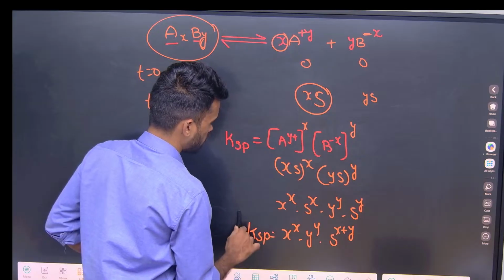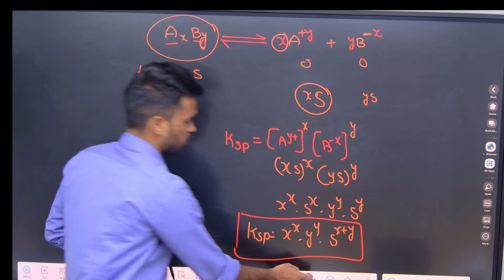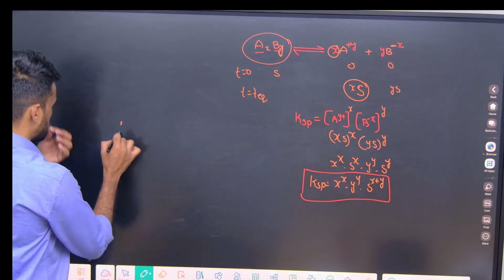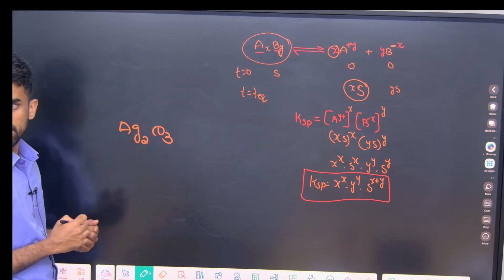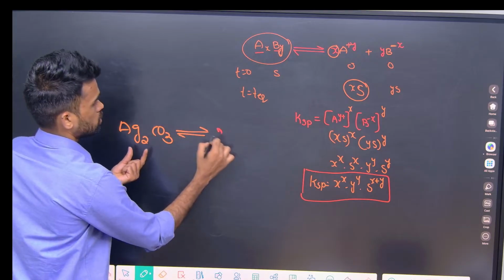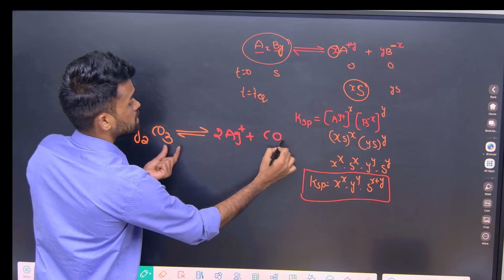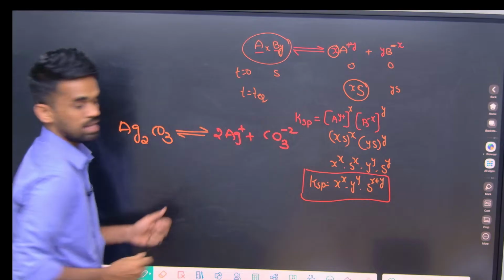So why have I given this? Yeah, it will be useful because it's a generalized formula. Now I will tell you with one example so that you can easily understand. Ag2CO3 I have. Okay, how will this salt dissociate, tell me? 2Ag plus, and CO3 2 minus itself is 1 ion, considered as a whole 1 ion.